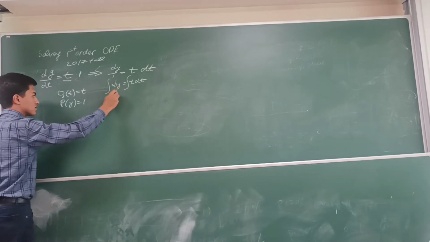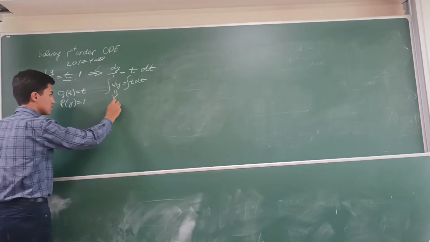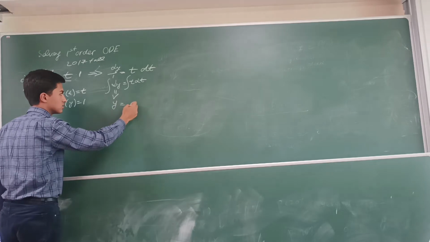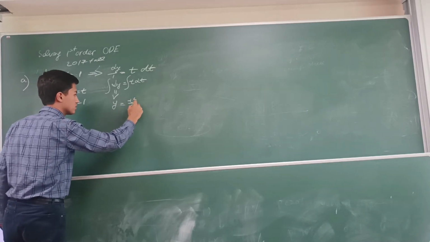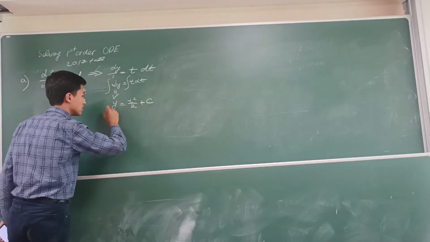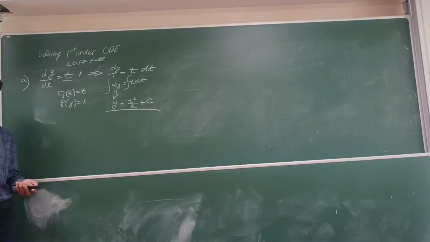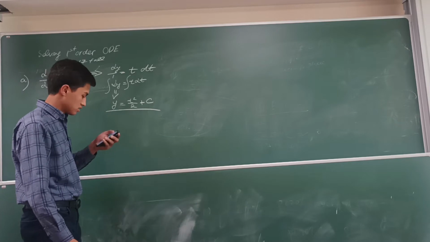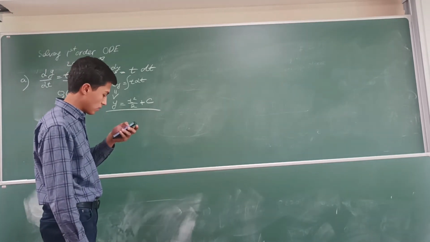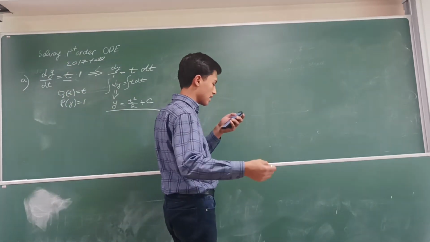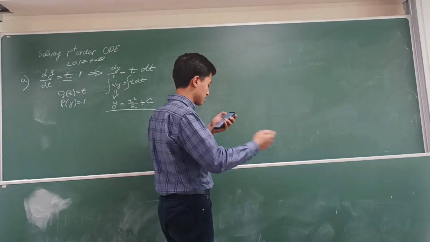What's the output of this integral? y, and here t squared over 2. Just don't forget the constant. Who can tell me, is this an implicit or explicit solution? Explicit. Okay, I'm going to solve one more problem on my own, and then I will invite someone to solve another problem.